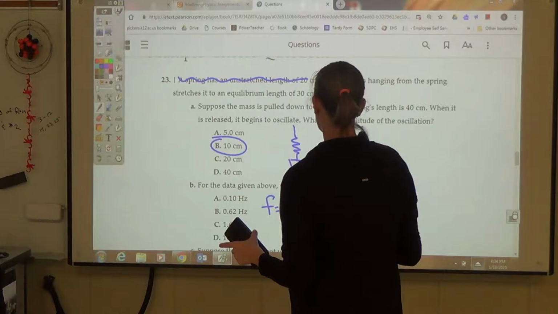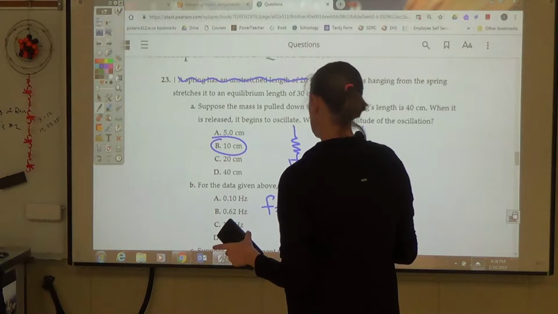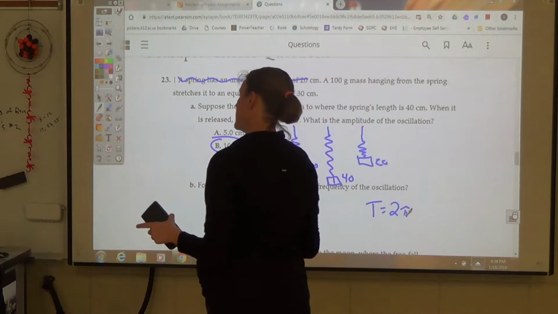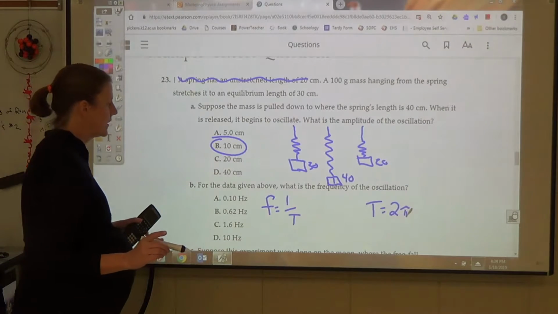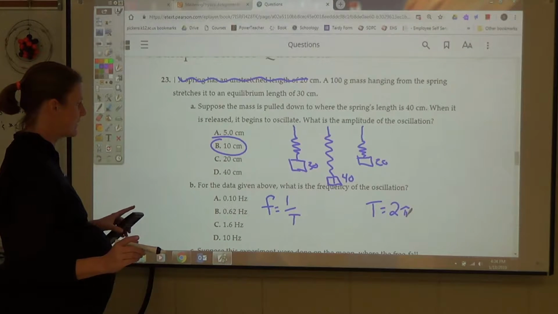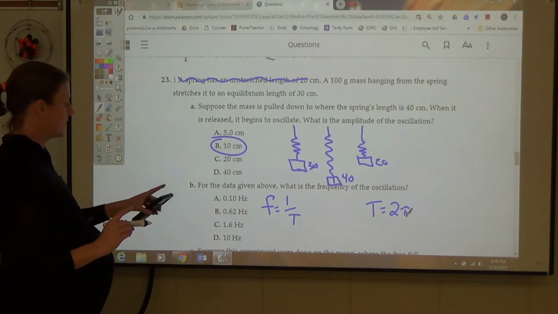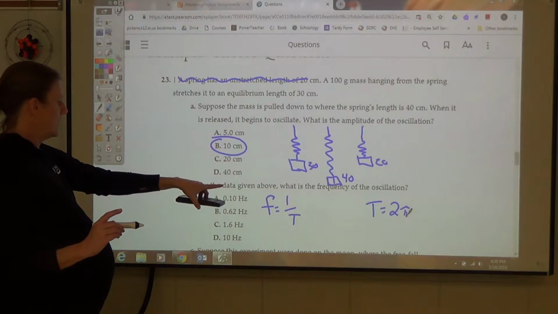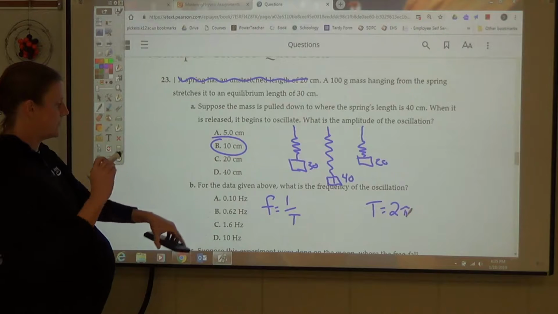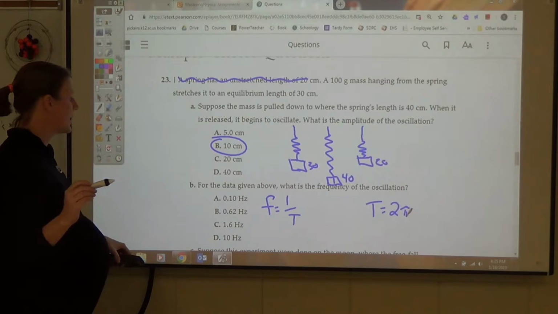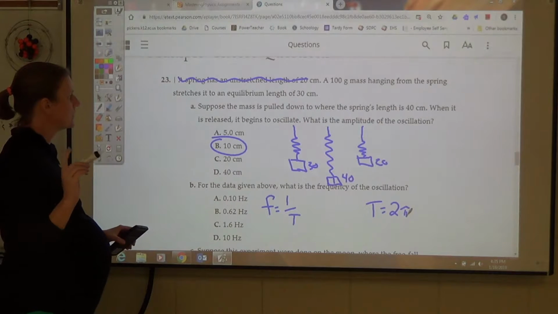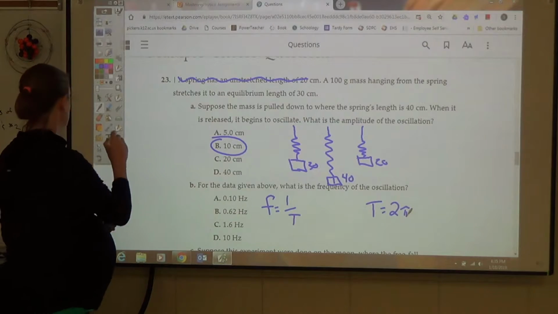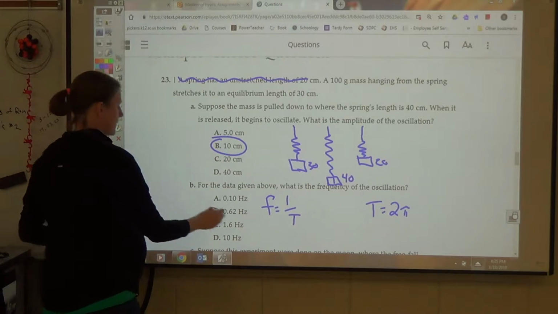I don't have k. All right, so I'm trying to think of what formulas I have that can help me with finding the period. So I've got the 2 pi square root of m over k, but I don't know k. So not that.